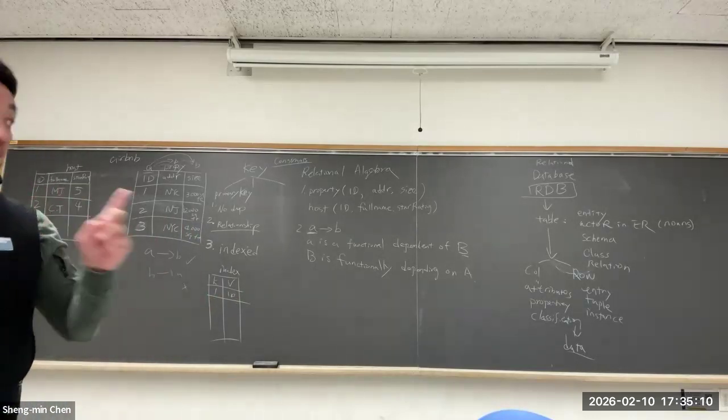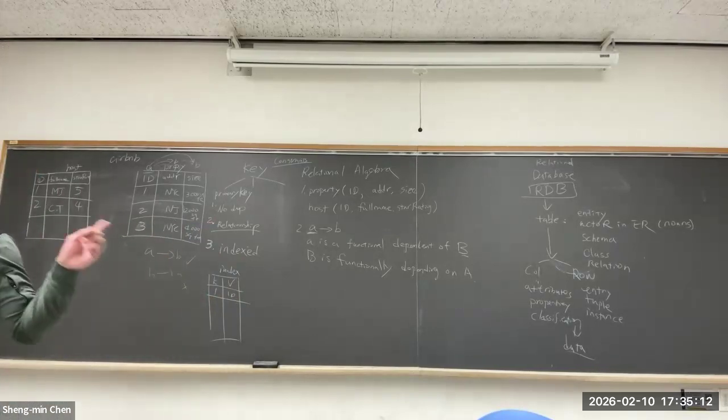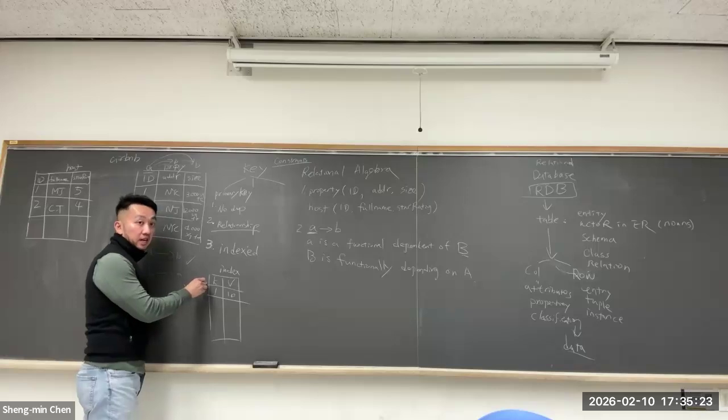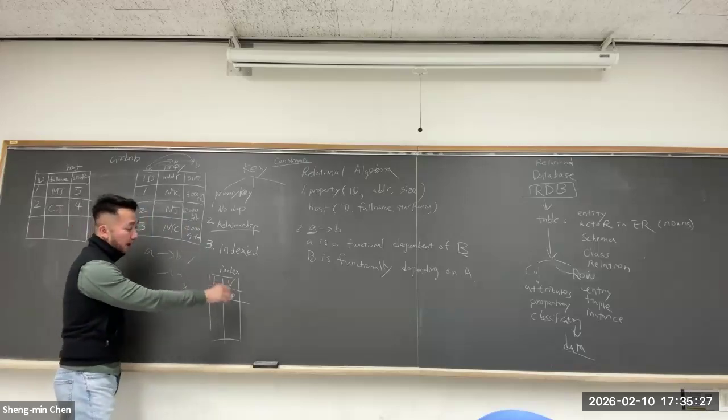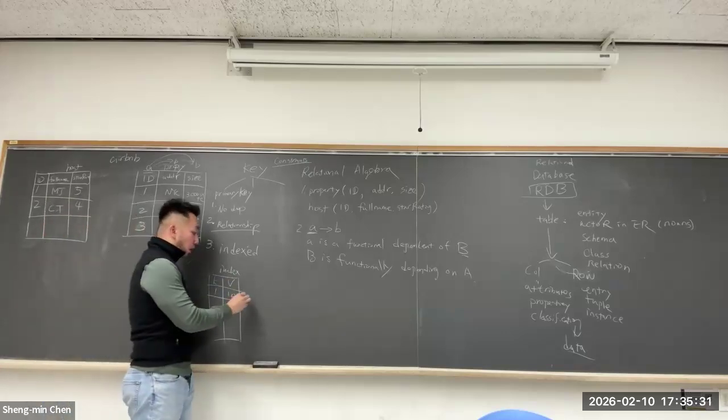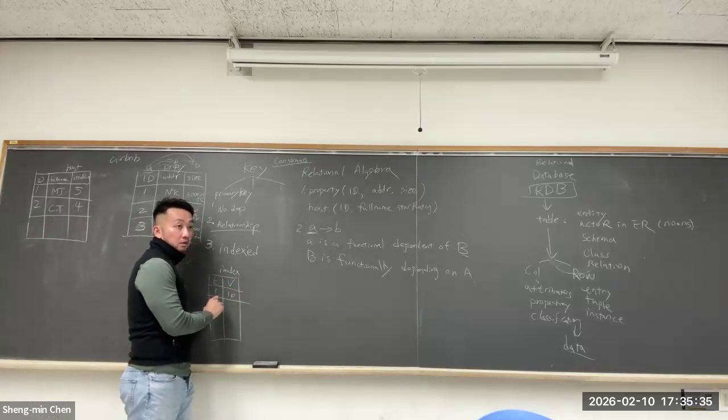Second, when it's indexed, the database will immediately do something on the backend going forward. The database will look at this index table, this index hash of your table, and sort by every single index column.